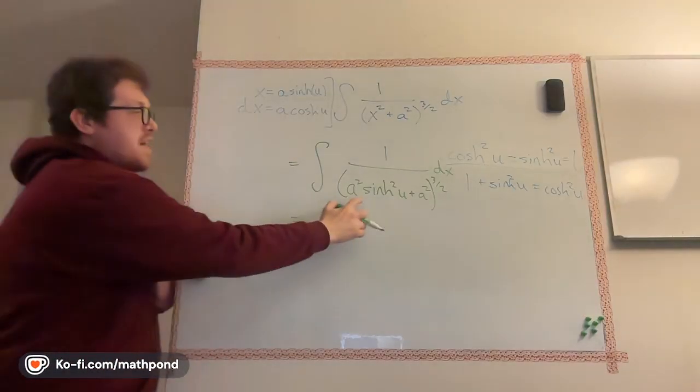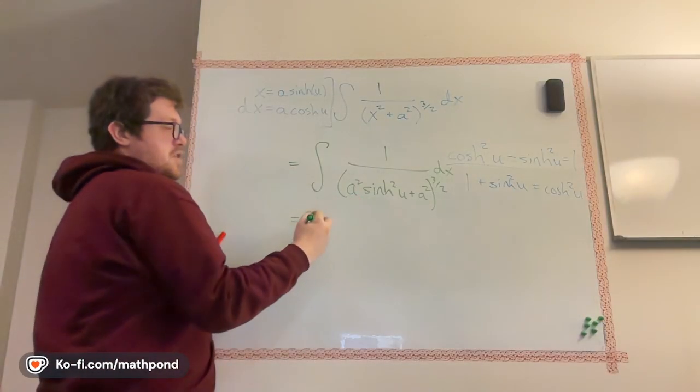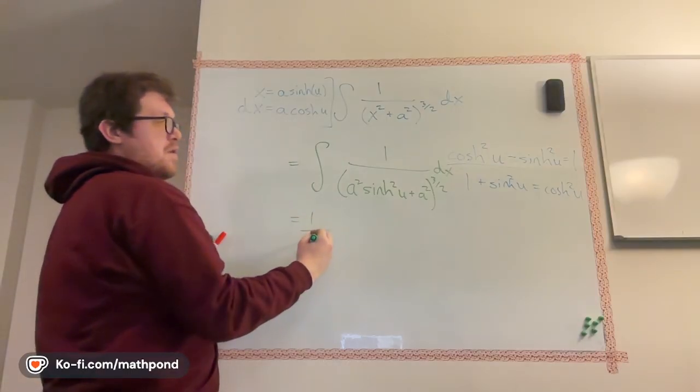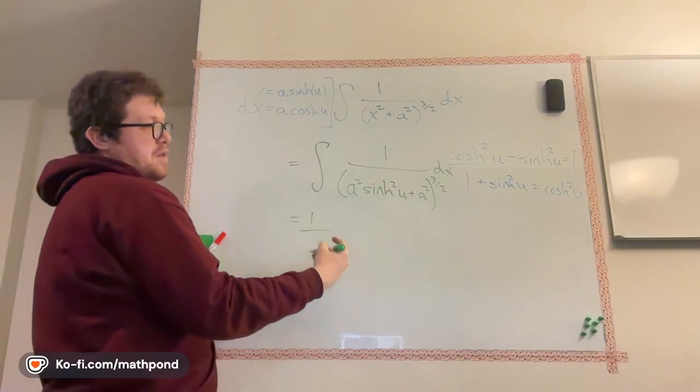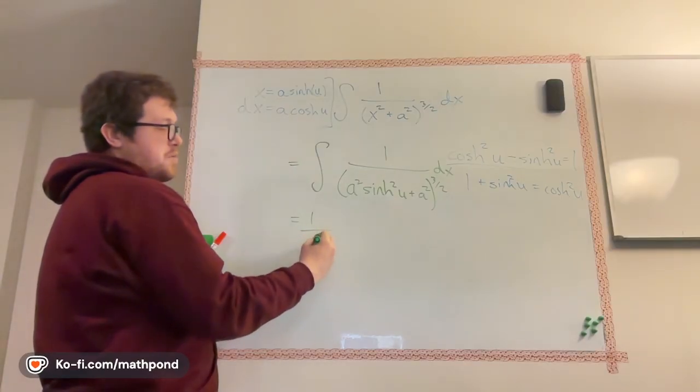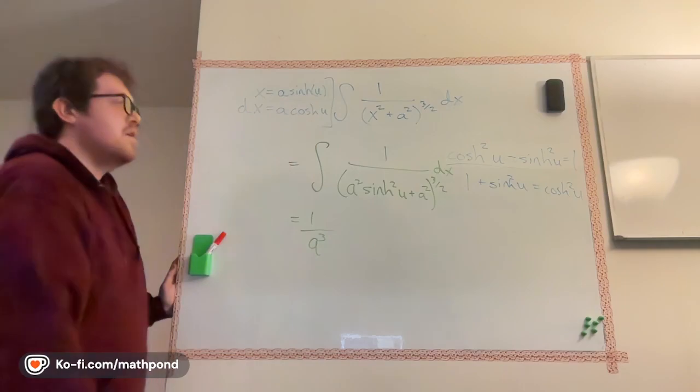I'm so used to writing just sine squared. Then we can factor out this a squared here, so this is just going to be 1 over a squared to the 3/2. The squares will cancel, so it's just a to the 3rd, I think.